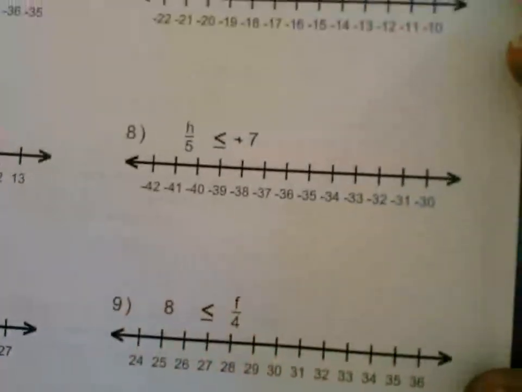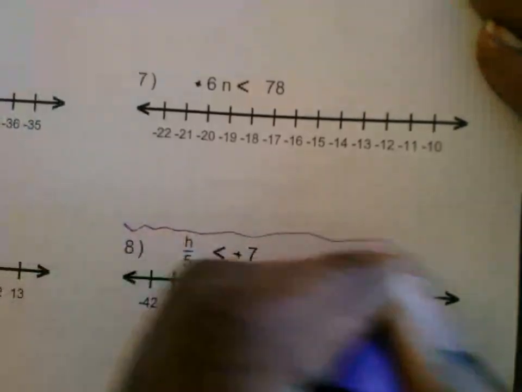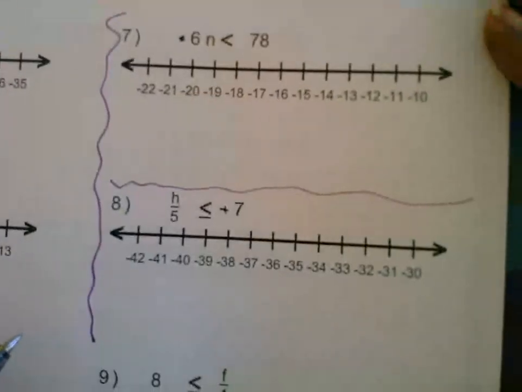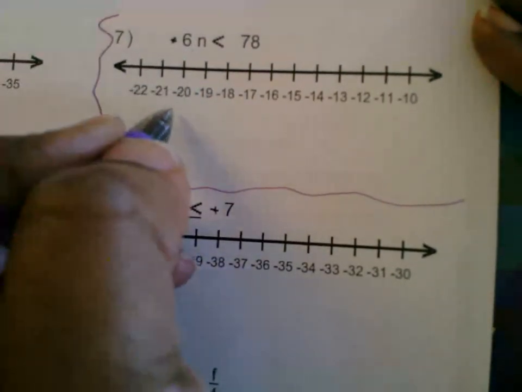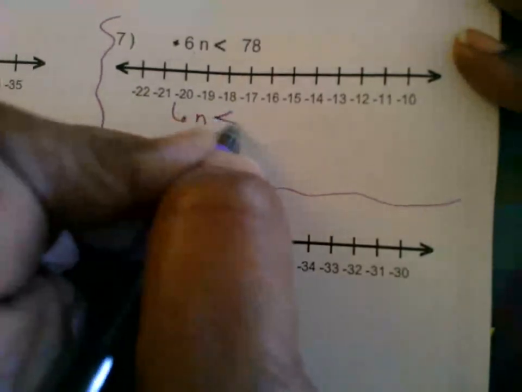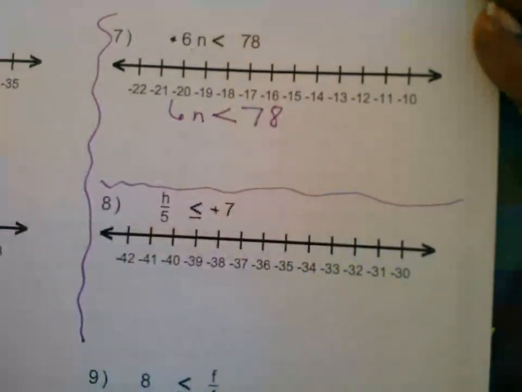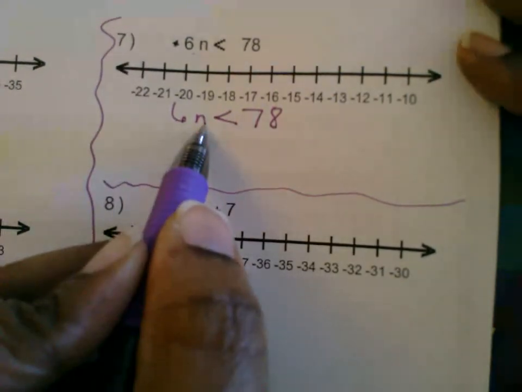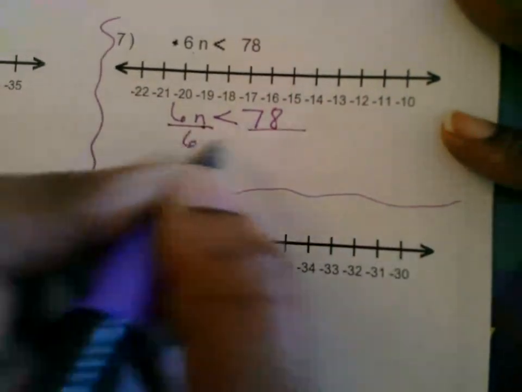Now, to make sure that we get both the multiplication and division on this page, let's look at 7 and 8. On number 7, we have 6n is less than 78. This is a multiplication problem. So to solve it, we divide both sides by 6.